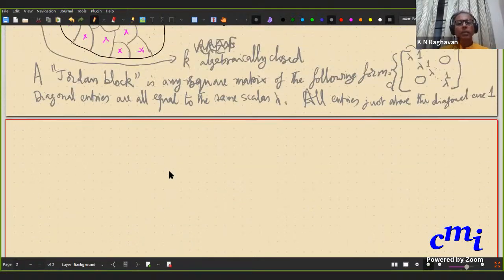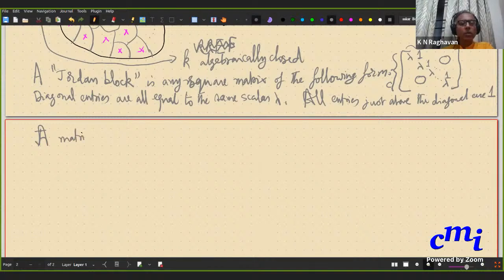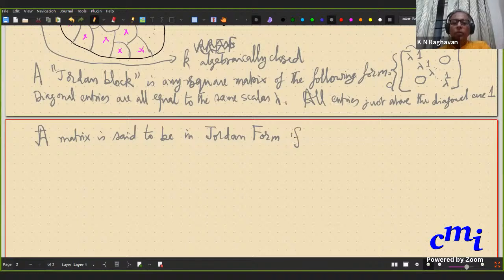So what's a Jordan form? A matrix is said to be in Jordan form if it looks like the following.